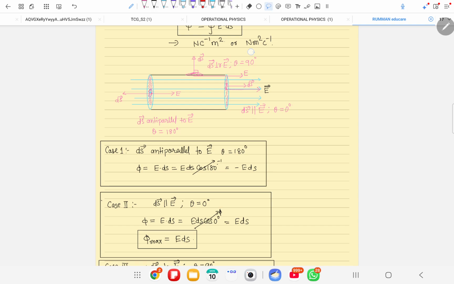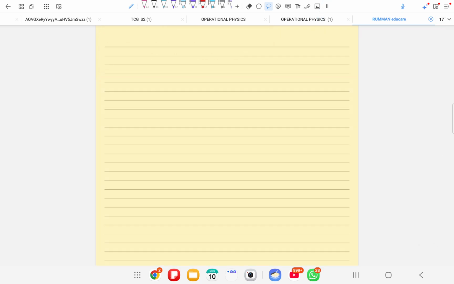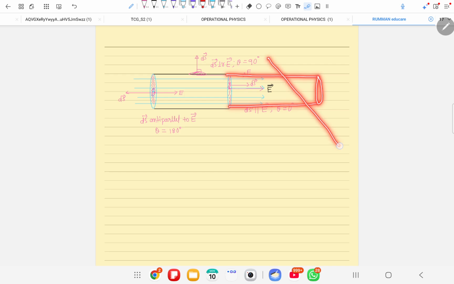Now one thing I would like to discuss: apart from these three cases, a fourth may be possible, if the area vector is inclined to the electric field. So suppose we have a region similar to this, but an extended form. Suppose this line is extended, and I cut it in this way.